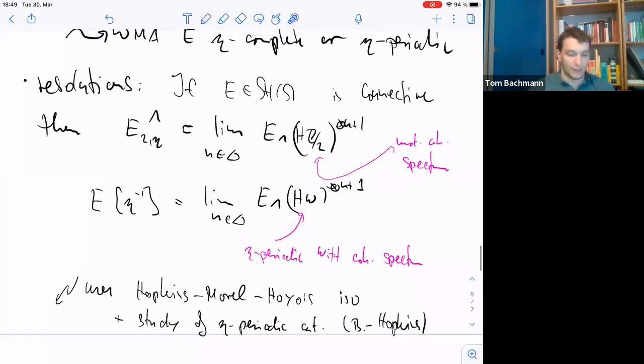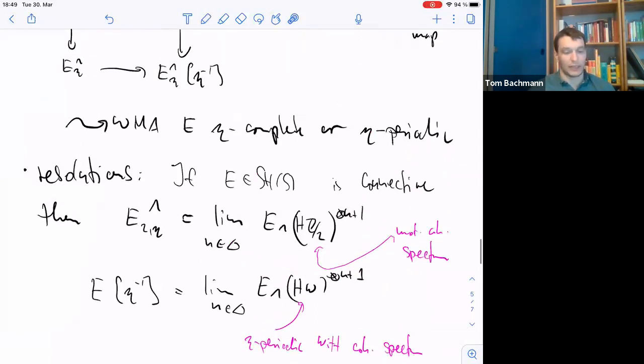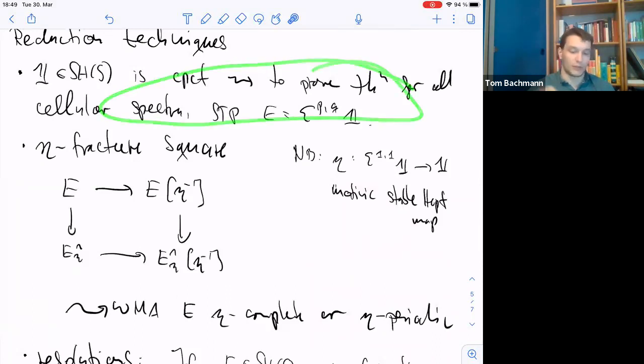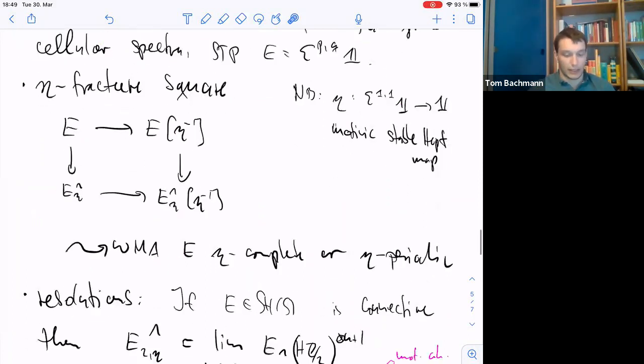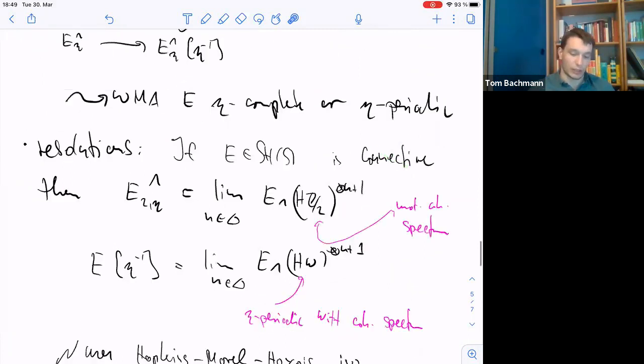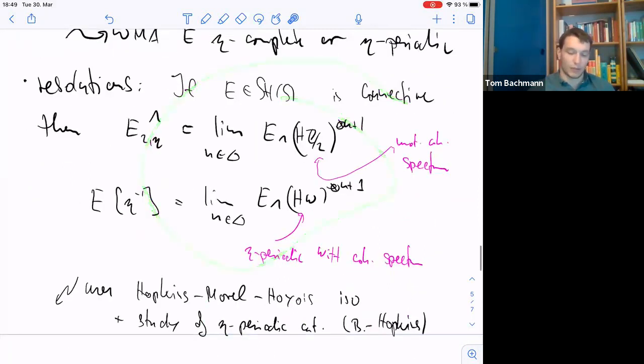And now, if you combine all of these, right? So okay, I need only prove it for the sphere. Then I can do this fracture square, and I can again approximate this guy's eta-periodic, right? So I approximate it by eta-periodic spheres. So basically, you need only prove it for the eta-periodic or eta-complete sphere. And then I do this resolution here, and it tells me that you only need to prove it for these guys, right?